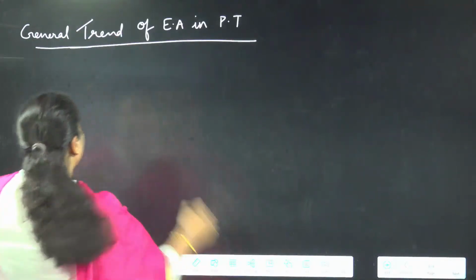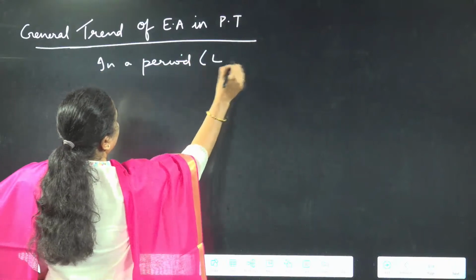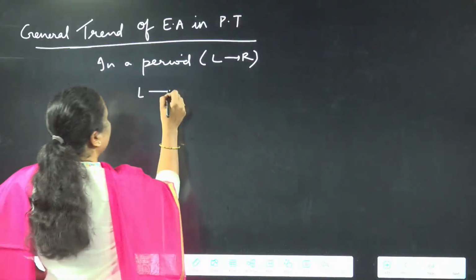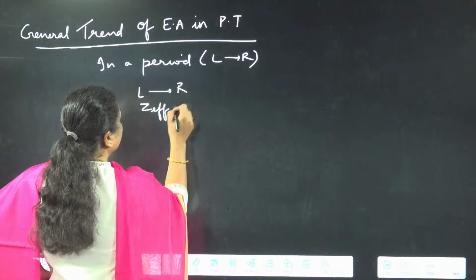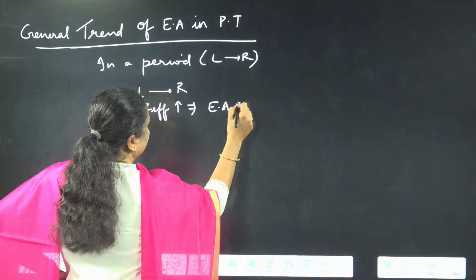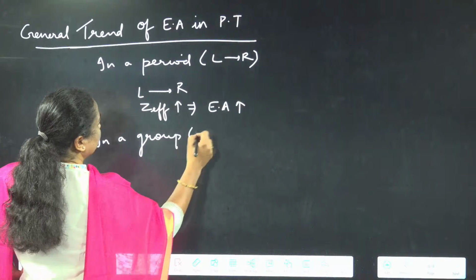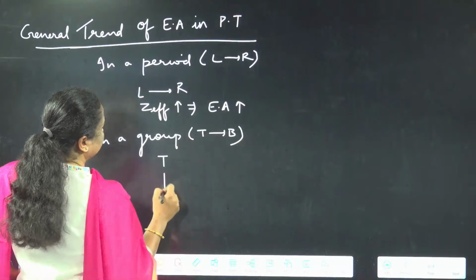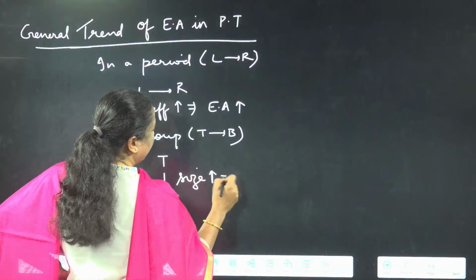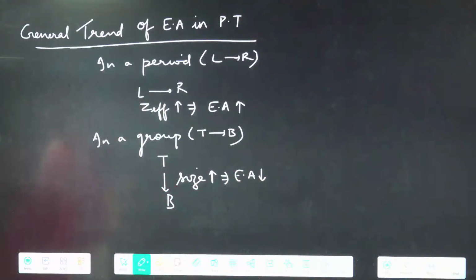Okay, so in a period, if we are moving from left to right, Z effective is going to increase, and because of that electron affinity is going to increase. In a group, I'm just writing the general properties here, top to bottom, what is going to happen? Size increases here, and I'll say that the electron affinity is decreasing in general. That's the general trend.